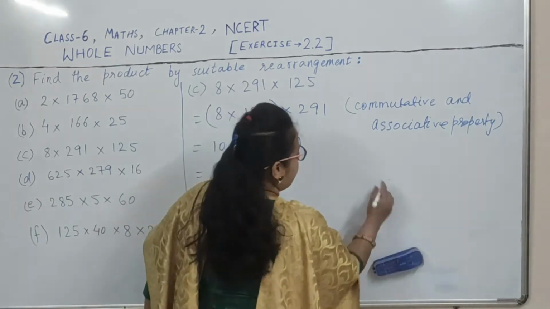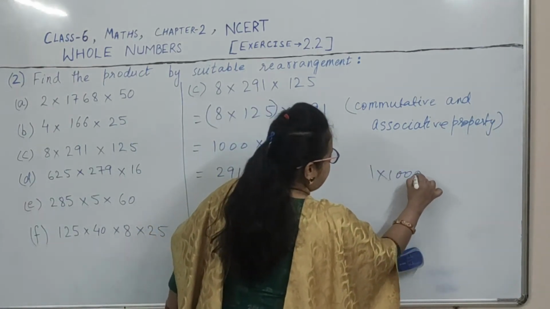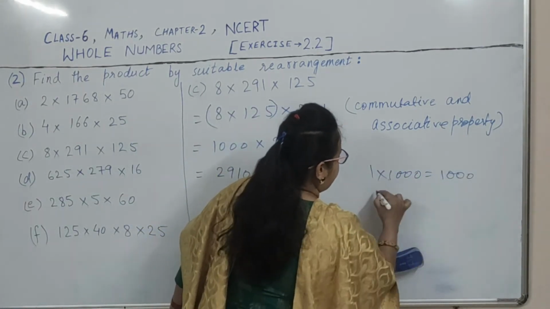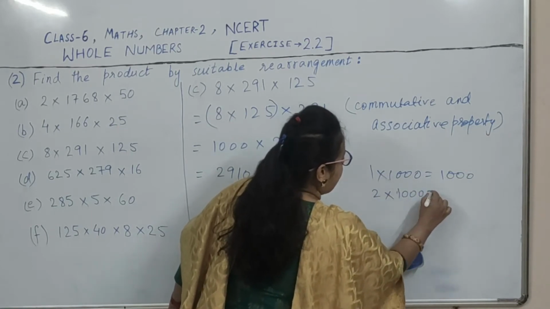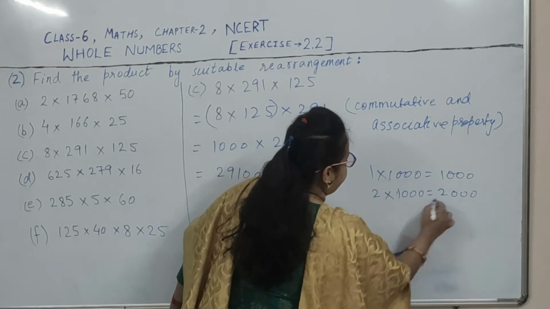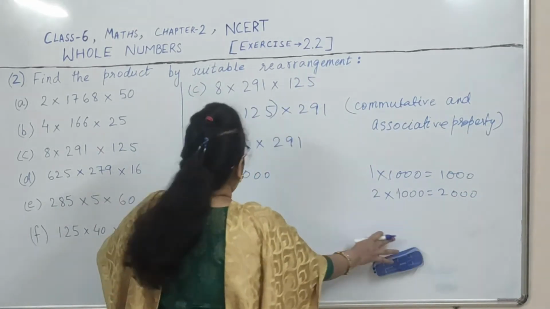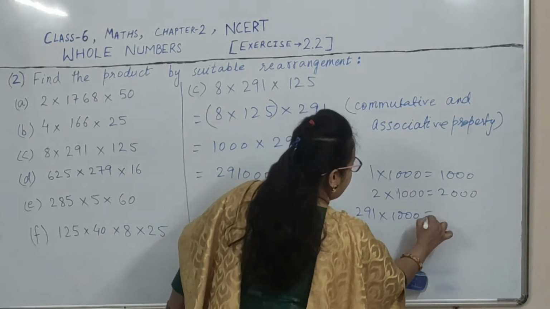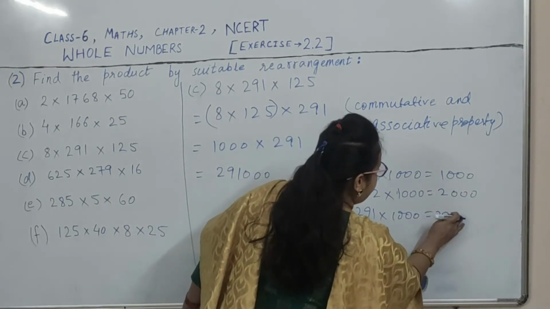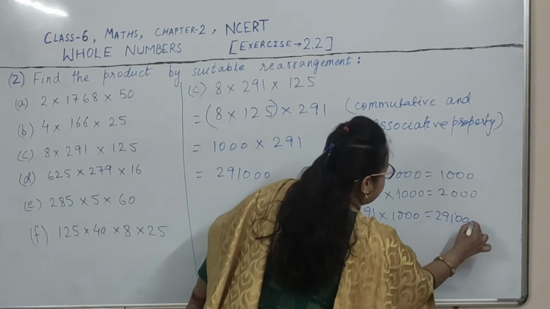See how? 1 into 1000 is 1000, 2 into 1000 is 2000, like that. 291 into 1000 will give 291 and 3 zeros.